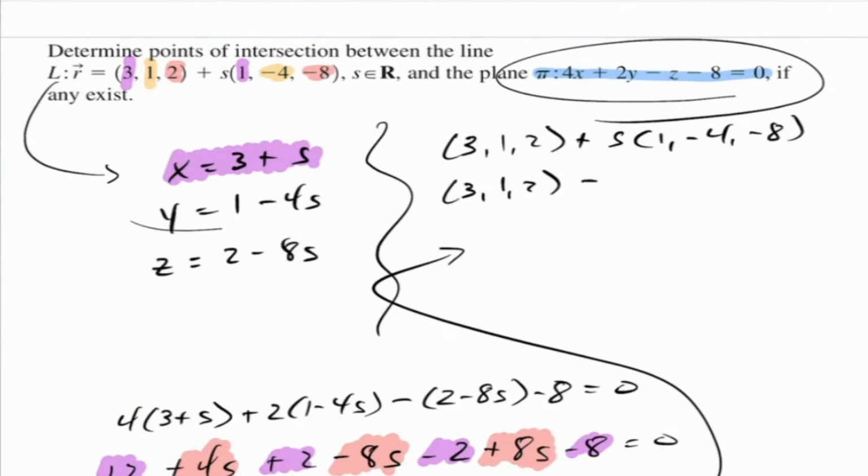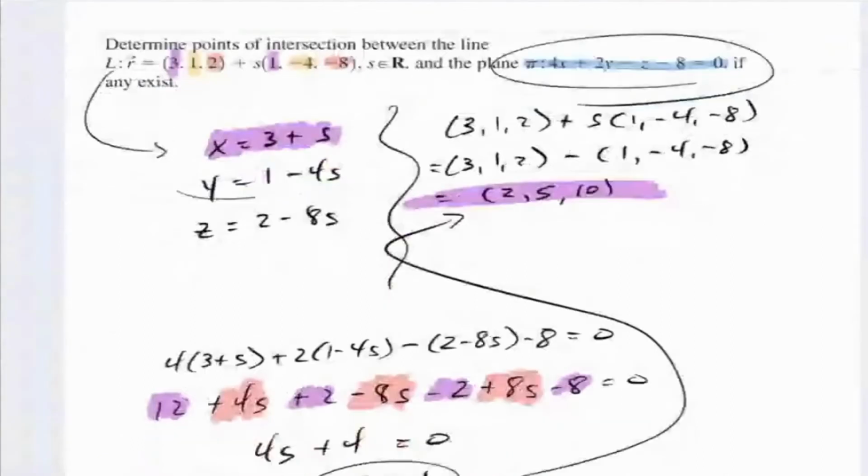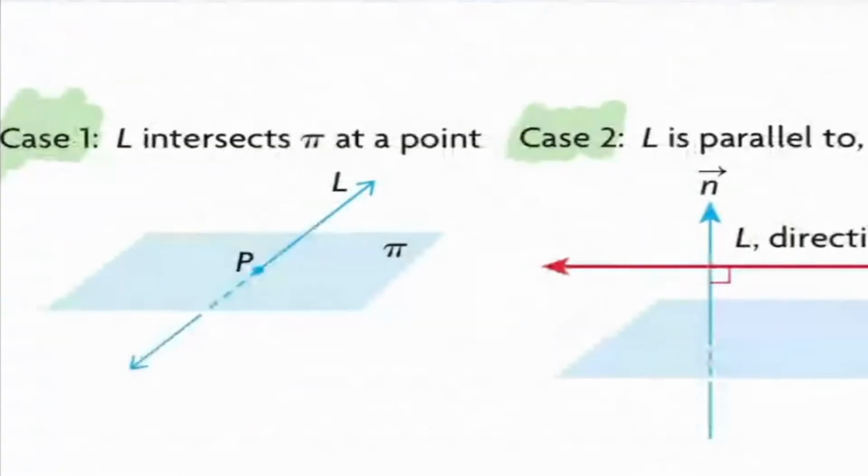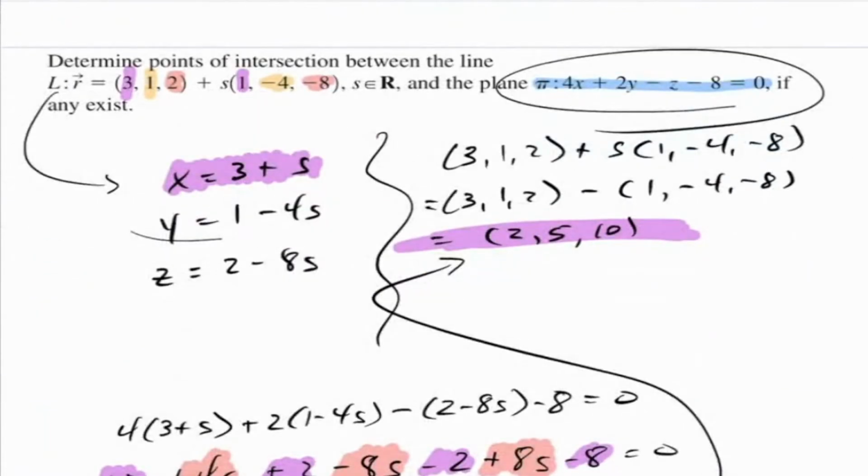Subbing in minus 1, we get 2, 5, and 10. So the point of intersection is 2, 5, 10, where the plane and the line intersect.